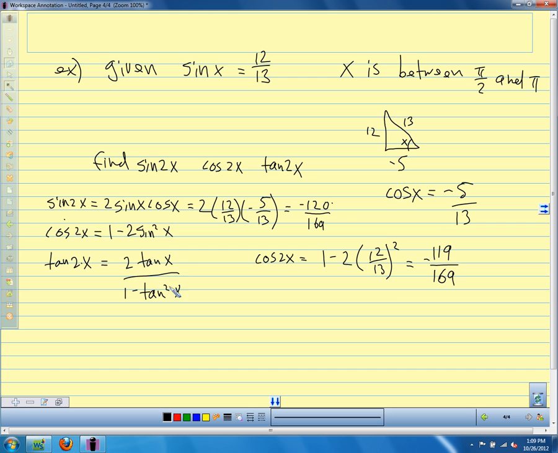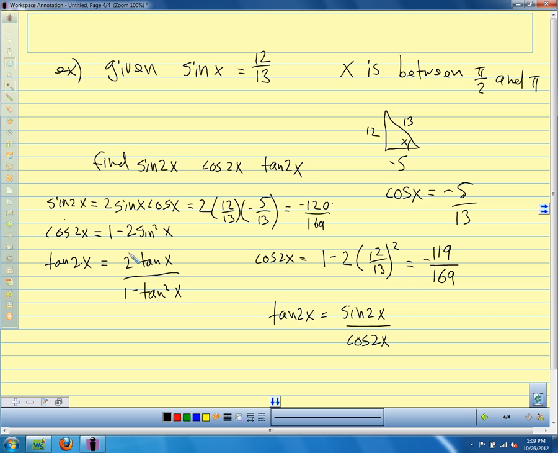What would be an easier way of finding tangent of 2x than plugging into this formula? Because this involves a lot of calculation. Sine over cosine. Tangent 2x equals sine 2x over cosine 2x.